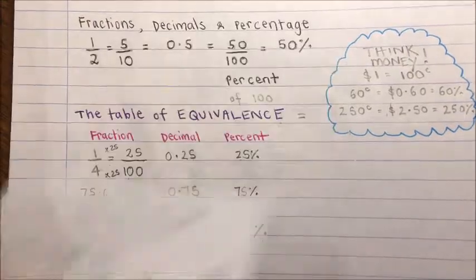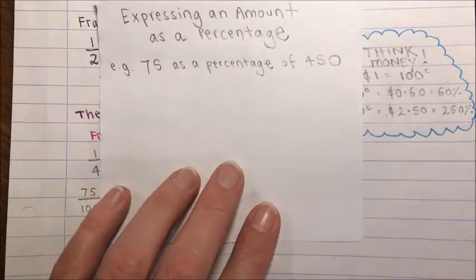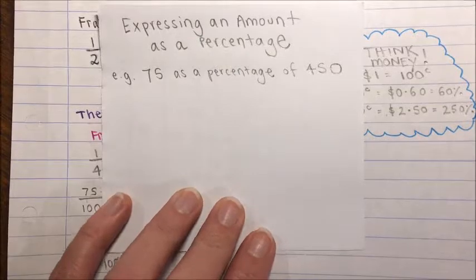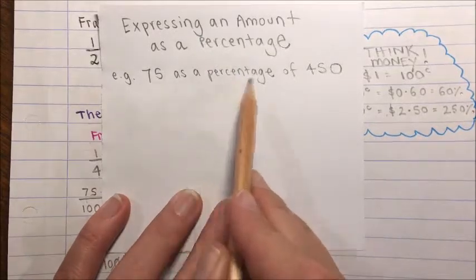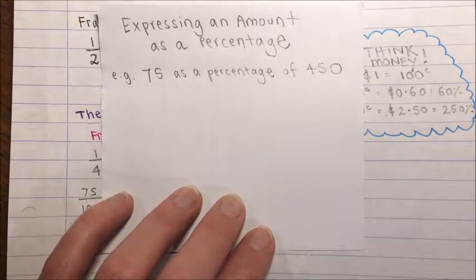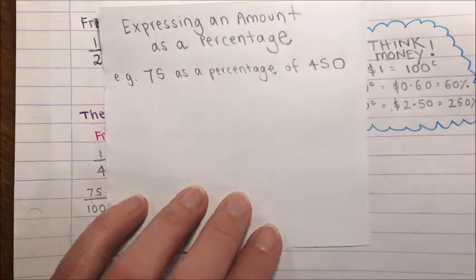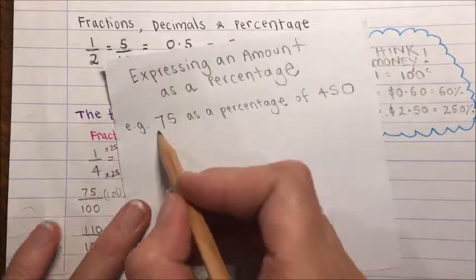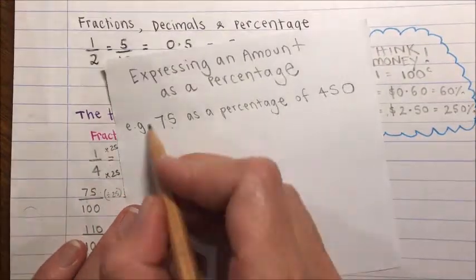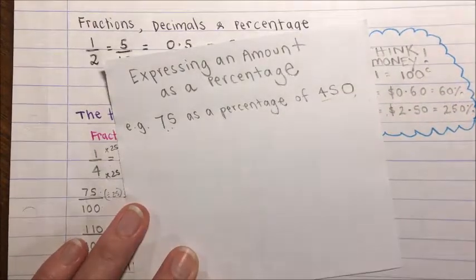The next thing we need to do is expressing an amount as a percentage. So 75 as a percentage of 450. In order to do this, you take your little number. This is the bit I want to find. This is my percentage of my total number.